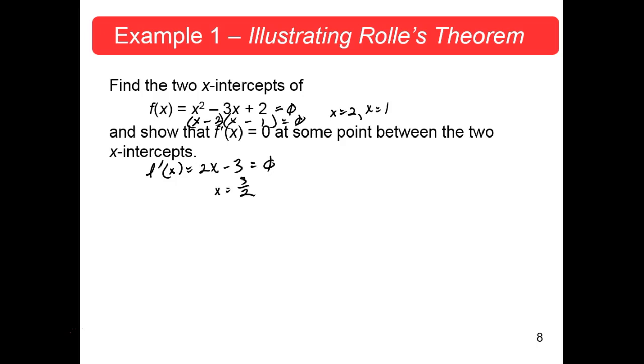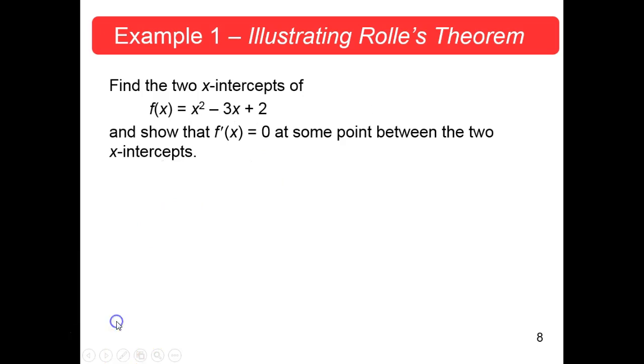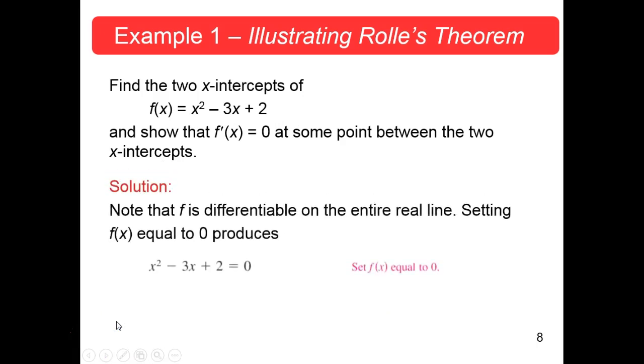Okay. Let's see how they did it. Note that f is differentiable on the entire real line because it's a polynomial function, differentiable everywhere. Setting f of x equals 0 produces that, and factoring gives you x equal 1 or 2.